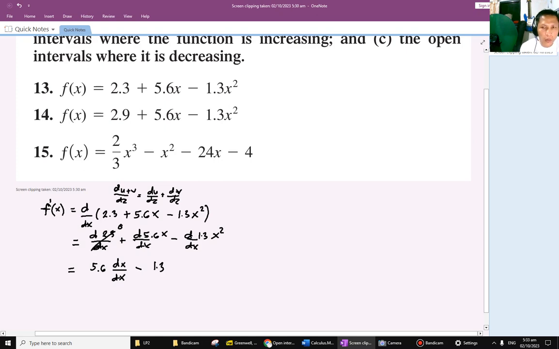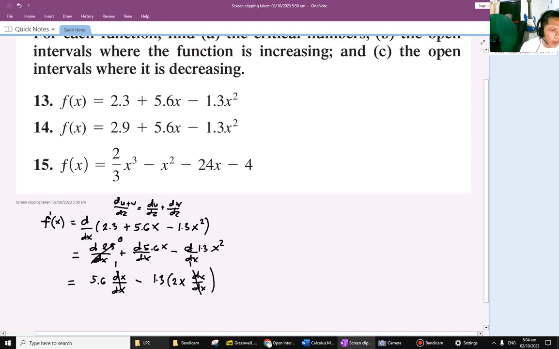It will just go out from the derivative. And then you find the derivative of x squared, which is a power formula. You have a 2 in front, then you copy the x, and then you have 2 minus 1, which is 1, so I don't need to put it. And then the derivative of x with respect to x. Then cancel, this one is 1 and this one is 1. So the 0 earlier, I didn't write it.